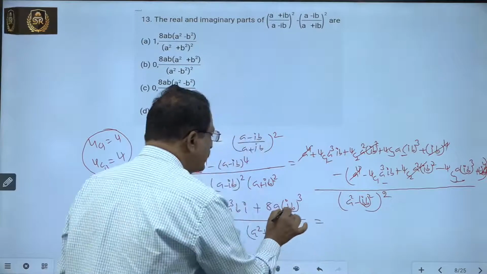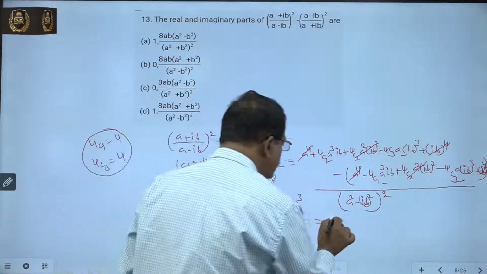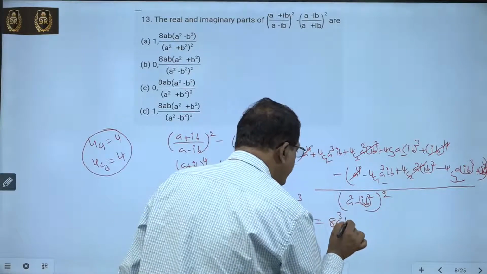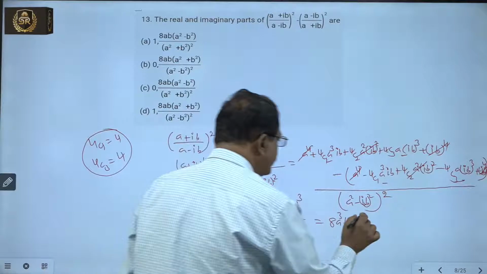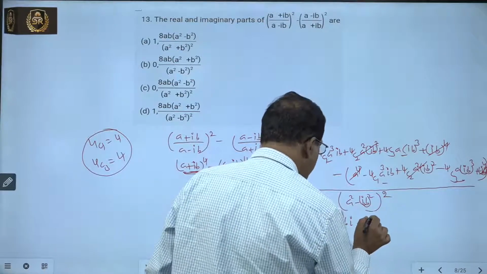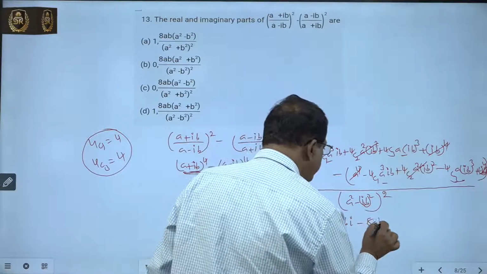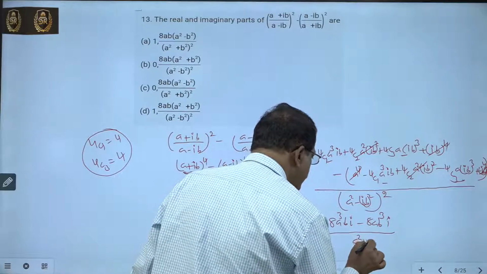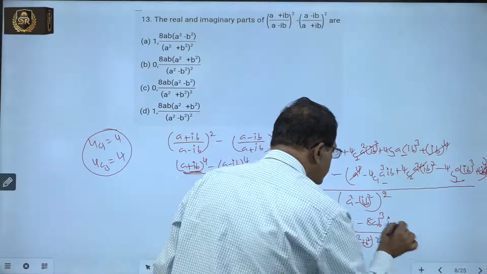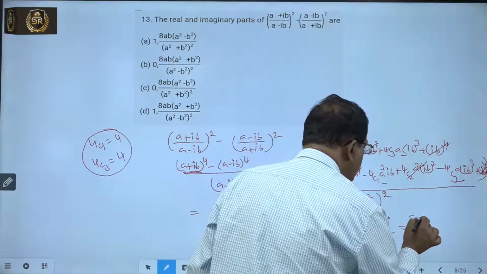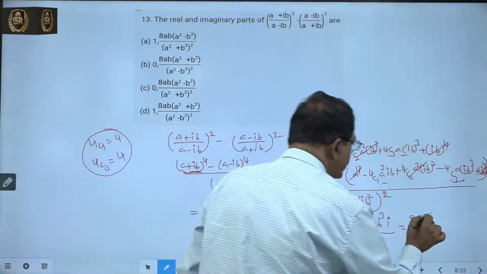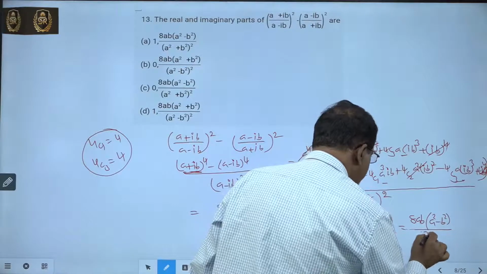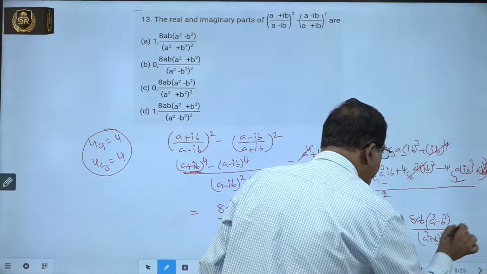Here I cube equals minus 1, so we get 8 a cube bi minus 8 a b cube i by a square plus b square whole square. Taking 8ab common in the numerator, how much do you get? a square minus b square by a square plus b square whole square of i.